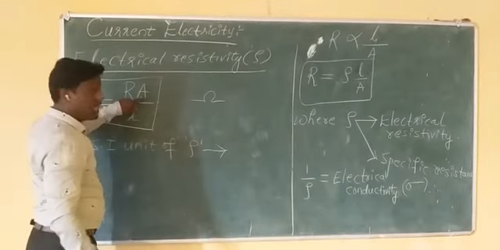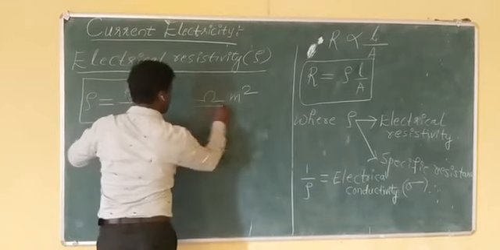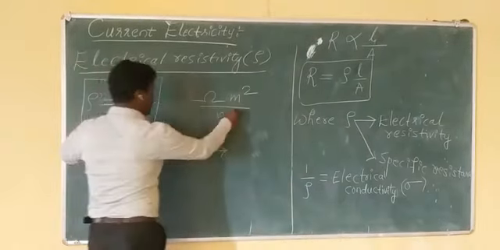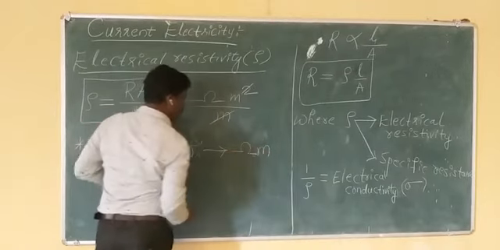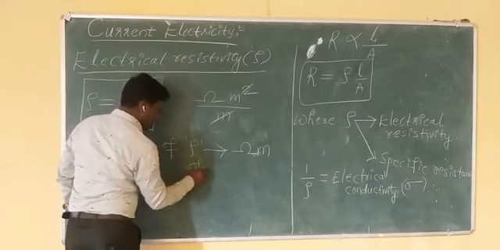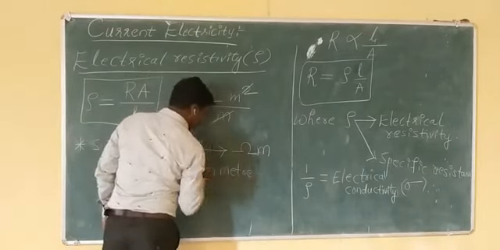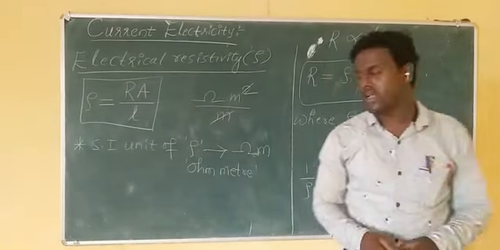Unit of area is meter squared, unit of length is meter. The meter squared divided by meter leaves one meter, so the unit is ohm meter. Ohm meter is the SI unit of electrical resistivity.